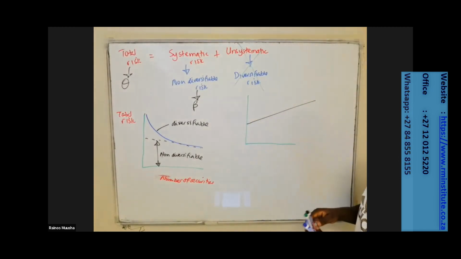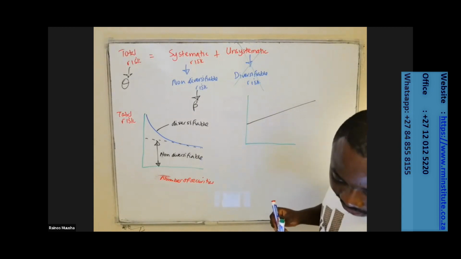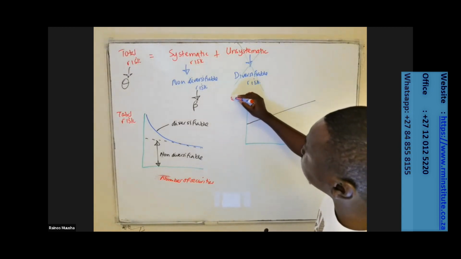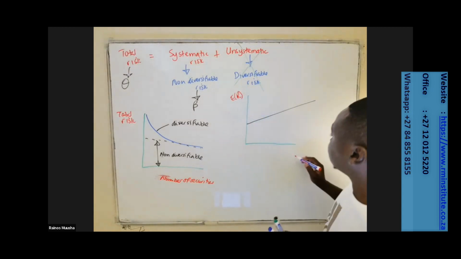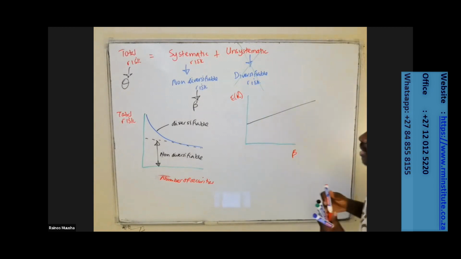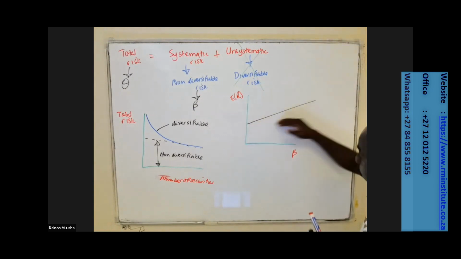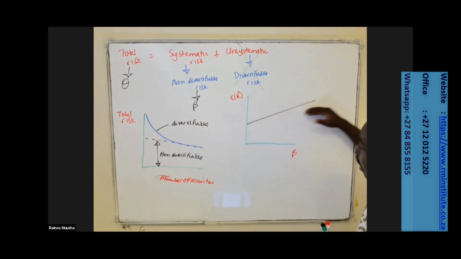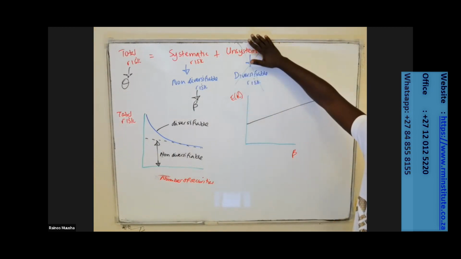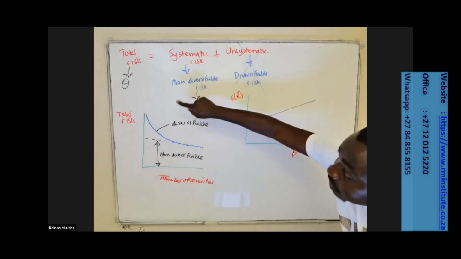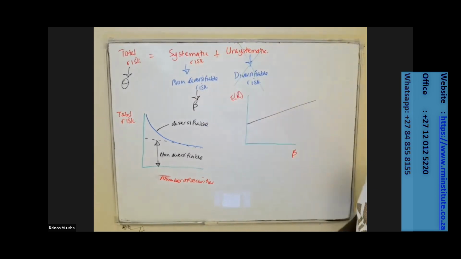This is the graph which shows us the relationship between the expected return and the beta. Remember, we're saying that this graph assumes that you are able to invest in a portfolio where the non-systematic risk has been done away with, and the only measure of risk that you're going to be concerned with is the beta.